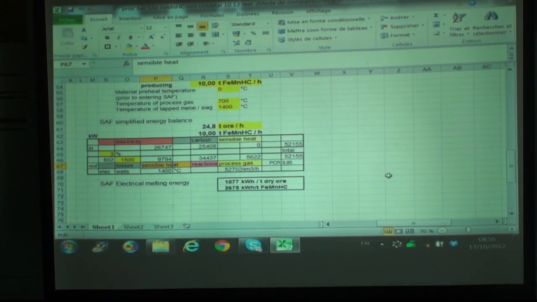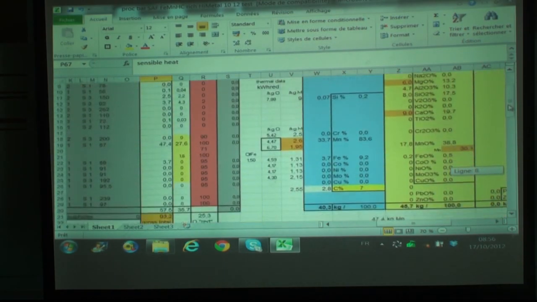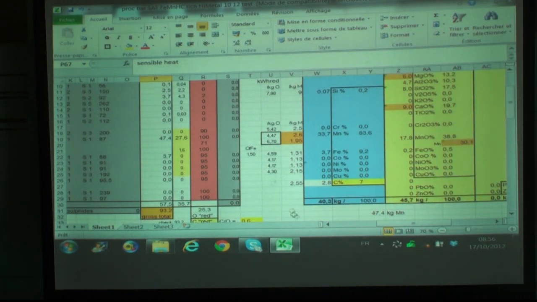Of course, you see that in case of ferromanganese, that's not the same for ferronickel. The biggest term is the reaction, and therefore it's important. Indeed, it's important to have the good data. You see, for the ferromanganese part, the most important input data, literature data, are these heats of reduction.